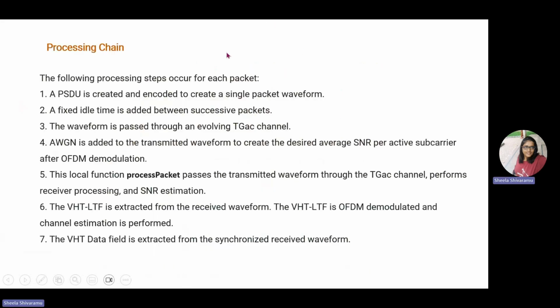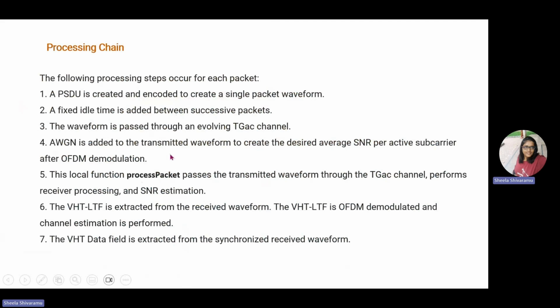The processing chain includes these steps. Again, this is taken from the MathWorks website. Initially, a PSDU is created and encoded to create a single packet waveform. In the simulation, they assume a fixed idle time between successive packets. The waveform is passed through the evolving TGAC channel, and we know that the WLAN channel is a slowly evolving, slow fading channel.